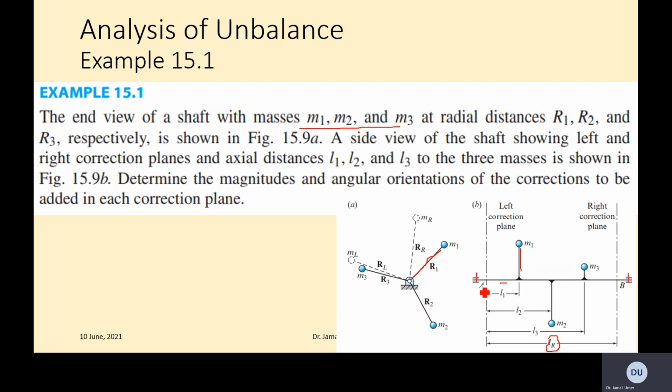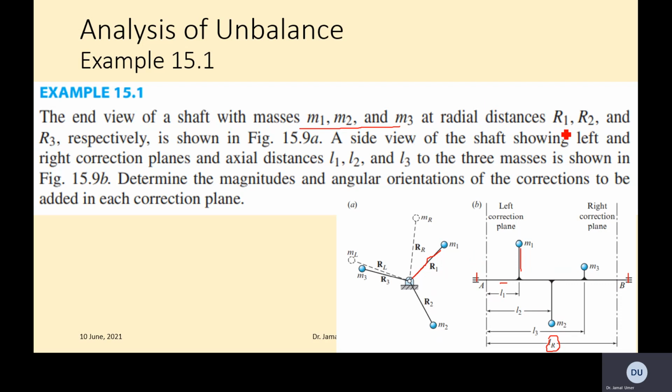Now you can imagine when we see from the front, you see everything in one plane, but actually they are not. From the side, they are in different planes. That makes this balancing a little more complex, because if they were in just one plane, it would be easy to solve. But if they are in different planes, you have to consider the plane direction as well.